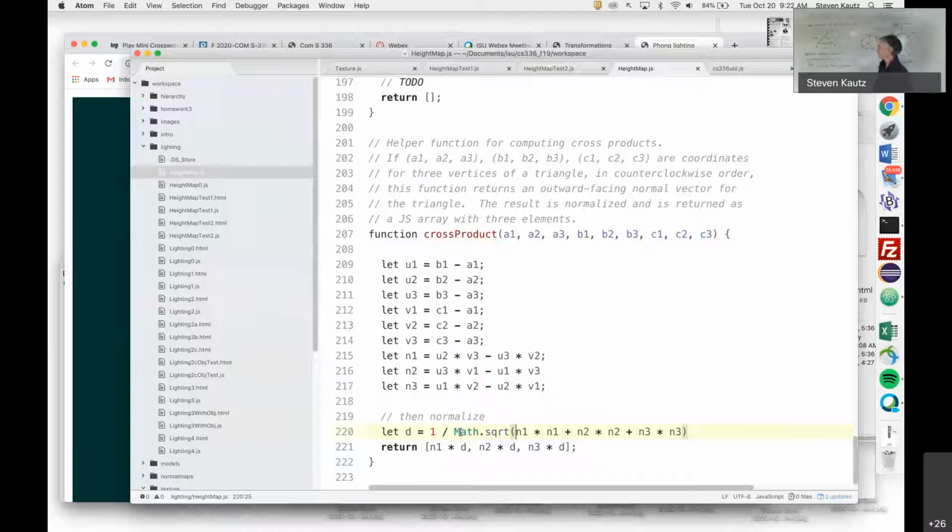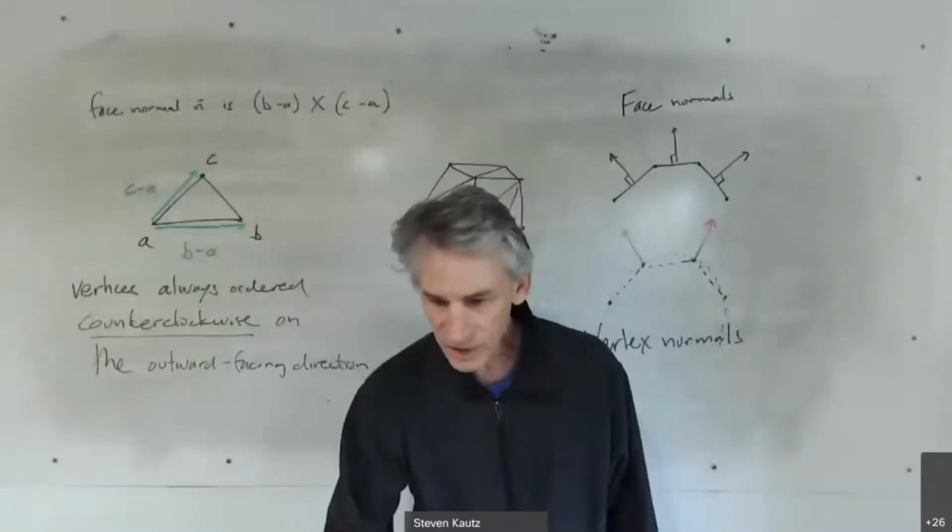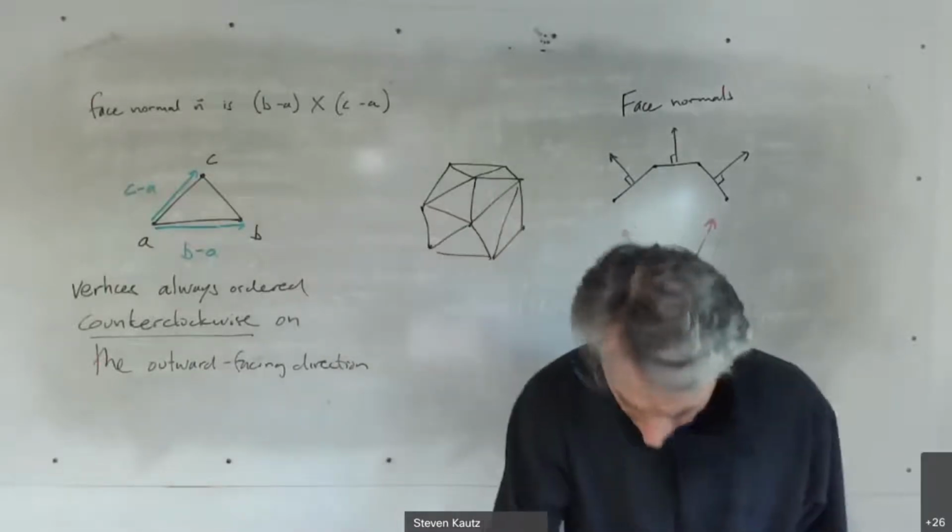We would simply like to have a normalized, unit length vector as the perpendicular. So, questions about that so far? Yeah, good.